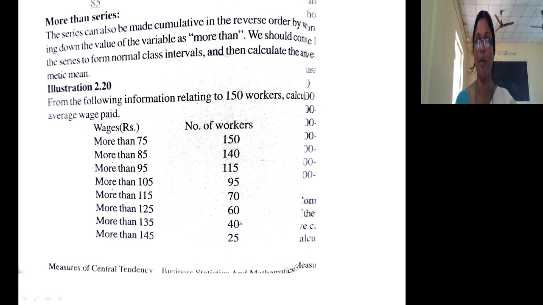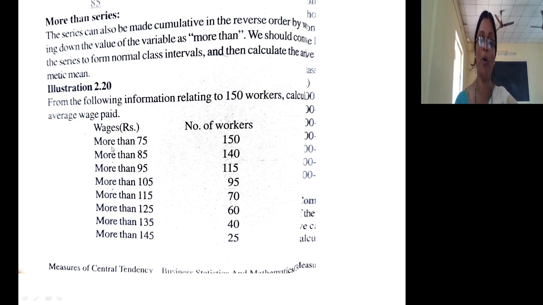But when the series is given as a more than series, it is not cumulative from top to bottom, it is cumulative from bottom to top. So the cumulative frequencies are in reverse order. Then we have to reframe the problem, just like how we reframed the less than series.